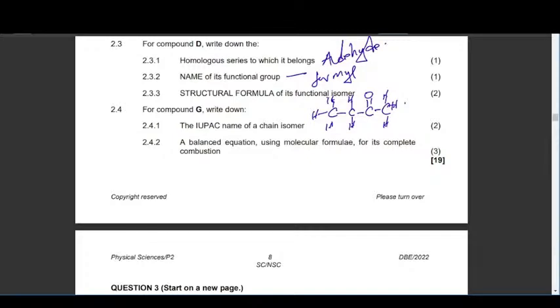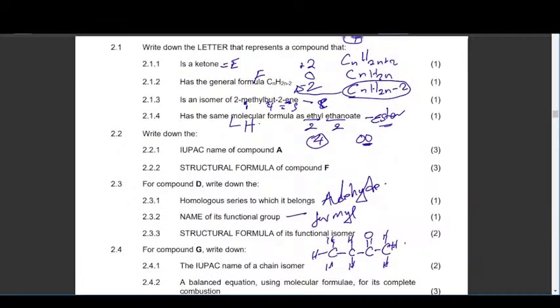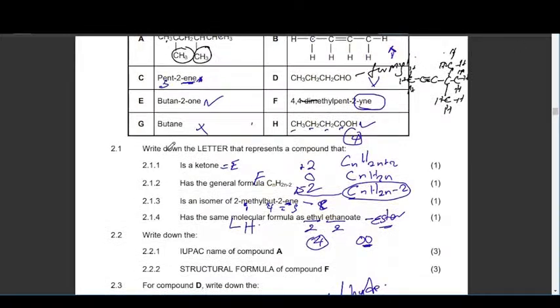G is butane. So what is the IUPAC name of its chain isomer? It means I just have to create a branch. Butane is 4, so I have to make it 3.